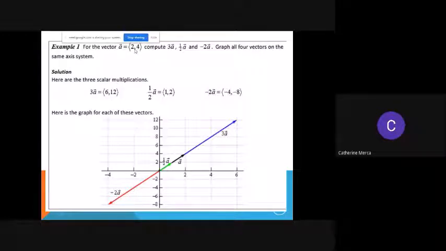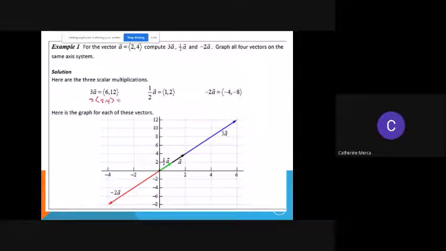It is probably clear already, but let's look at it for better understanding. 3A is actually 3 times the vector (2, 4). When you multiply that, it will give you (6, 12).